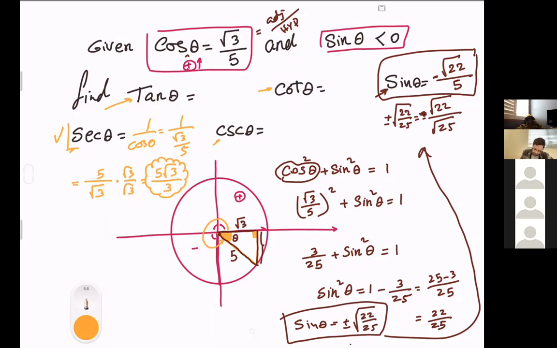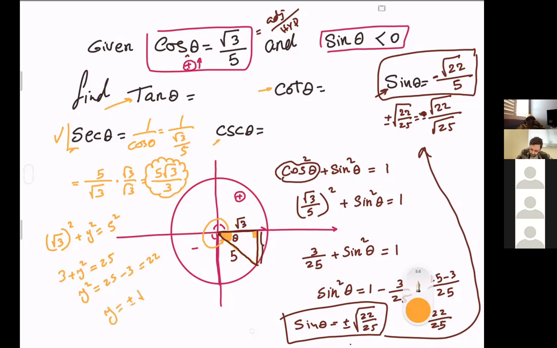We get radical 3 squared plus y squared equal to 5 squared. We have 3 plus y squared equal to 25. y squared equals 25 minus 3, equal to 22. y will be plus minus radical 22. We are in this quadrant, so y will be negative. So negative radical 22.